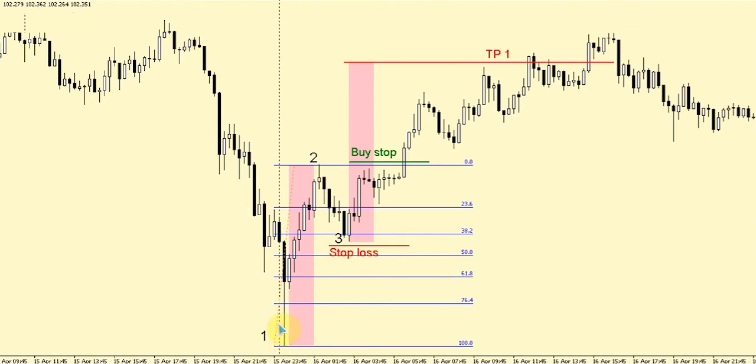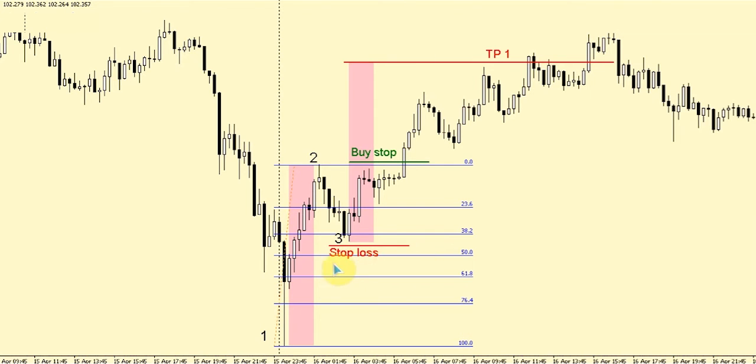If the price does not break through these levels, then on the reversal, as soon as we notice that point 3 has formed, we set a buy stop order a little higher than point 2. As you can see, in this case the price went higher and activated our order.